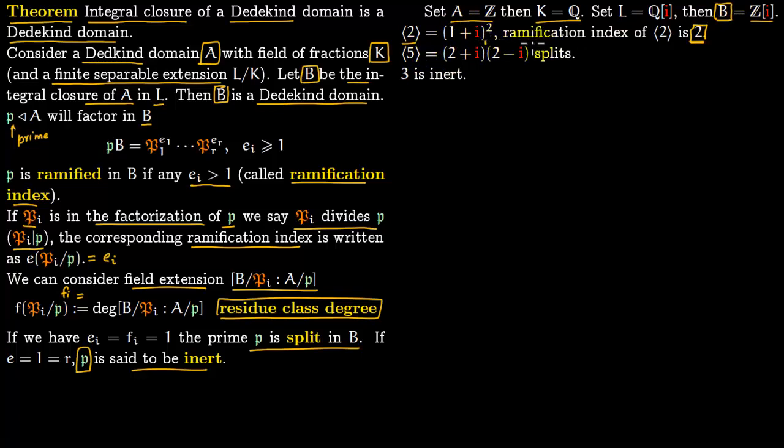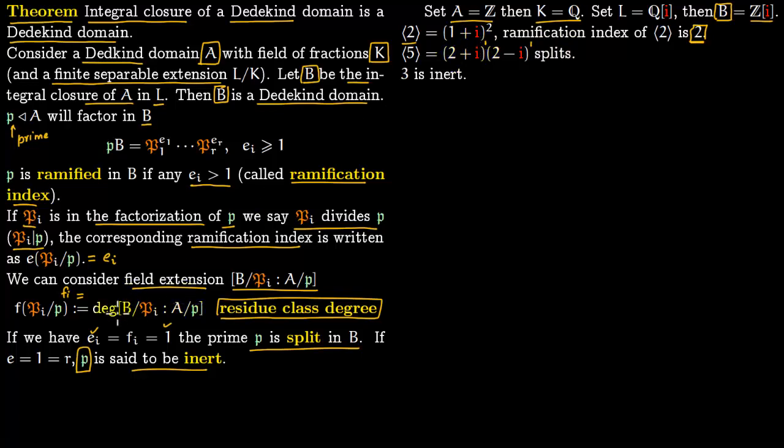Notice that the power is 1 here, so this e_i is 1. Actually, if you start computing the corresponding degree of extension, that will also be 1. So you will have to compute the degrees of extension. So A modulo P would be Z modulo 5, and then B modulo P_i would be Z[i] modulo this.